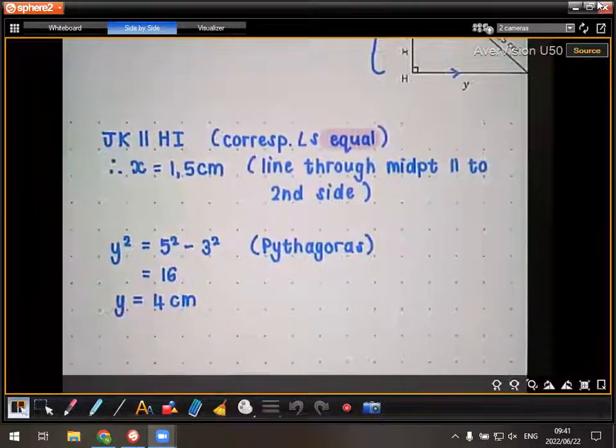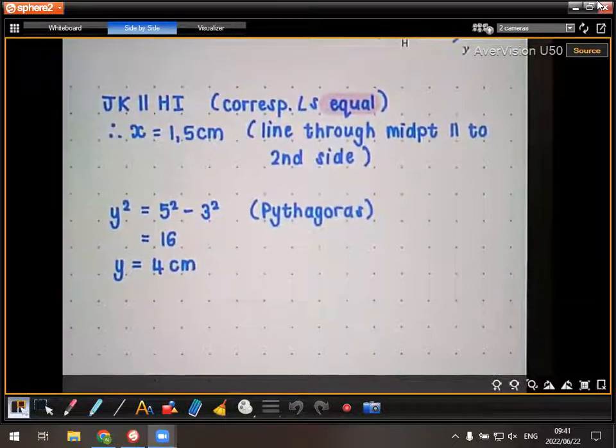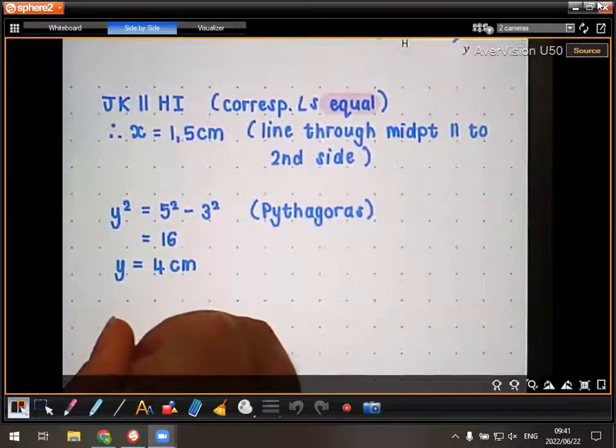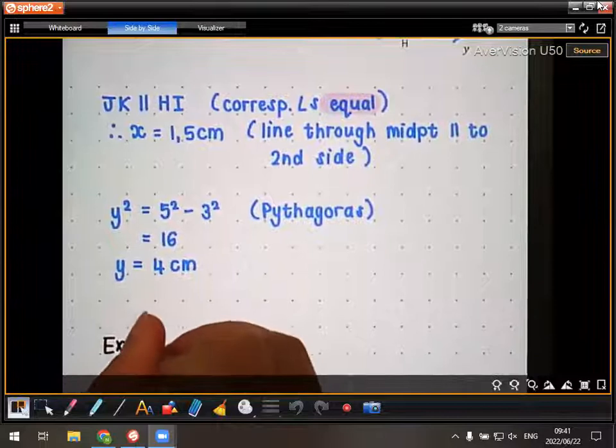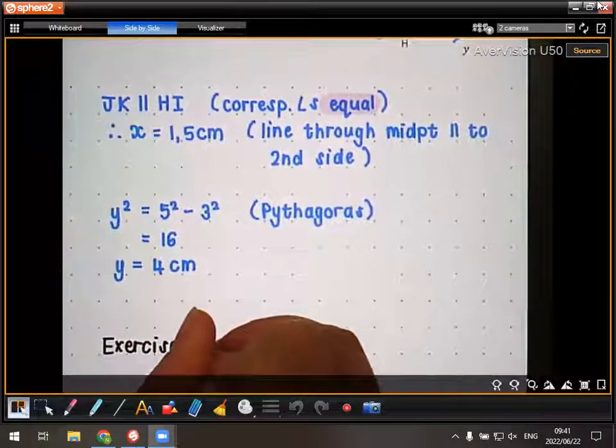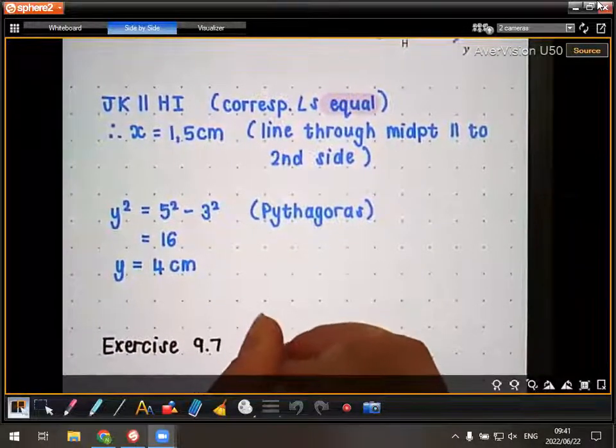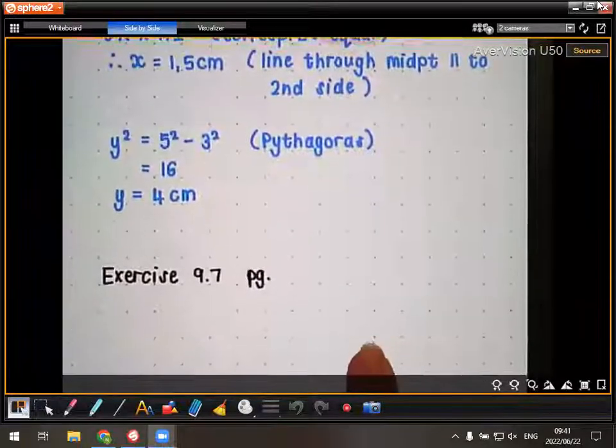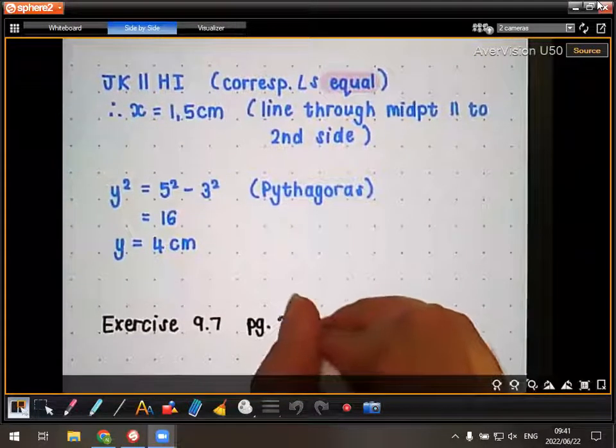Any questions, guys? All right, I'm going to give you a few to just practice on your own. You don't have to redraw the diagrams when you are just doing these. Don't worry. Exercise 9.7 on page 220 in the textbook.